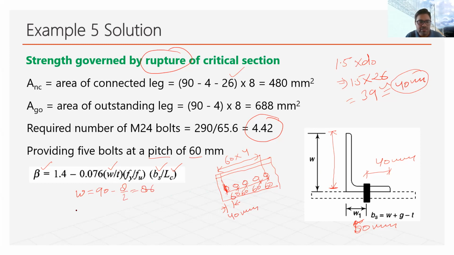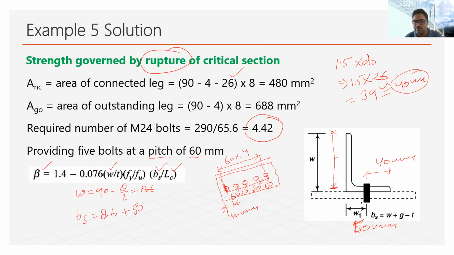Now what will be the BS value? BS value will be W plus G. W we have already taken as 86, plus the G value, which will be 50.